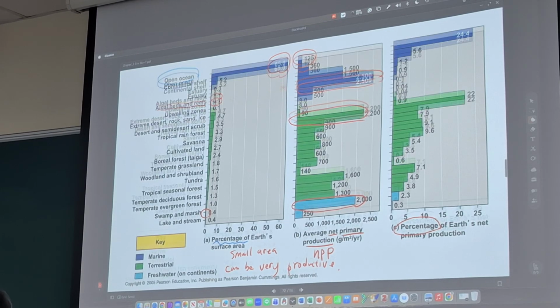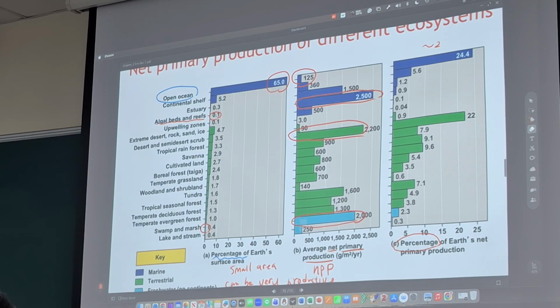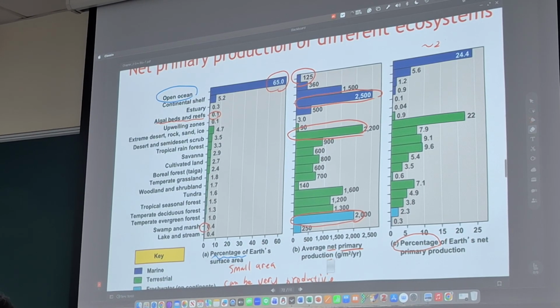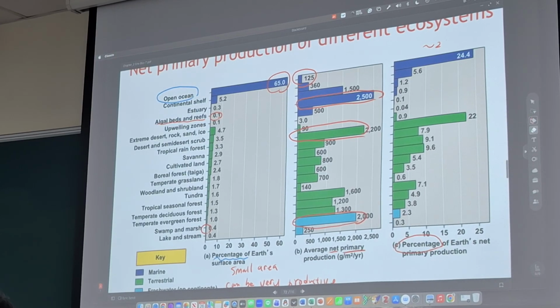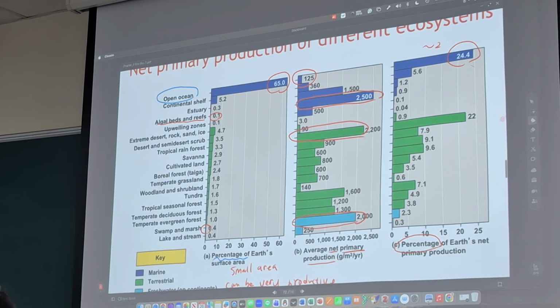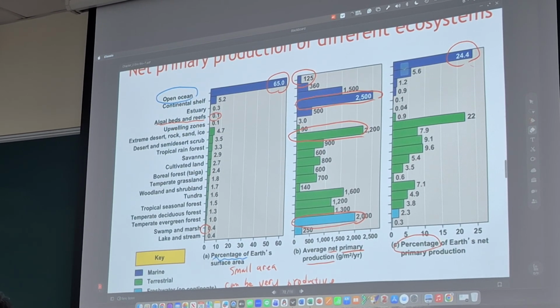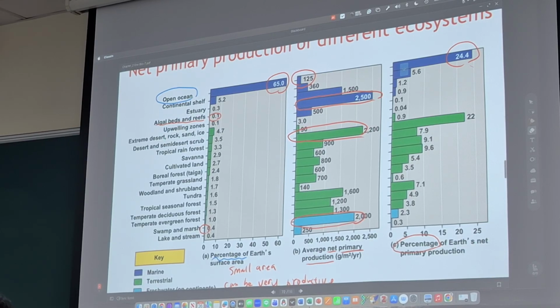On average, it contributes only around 24% of total NPP.